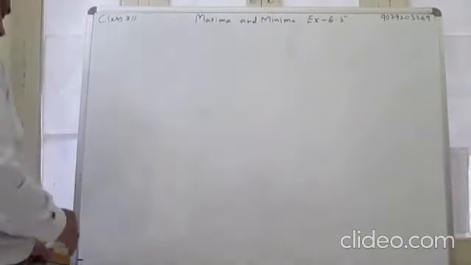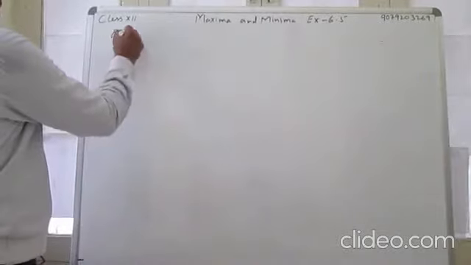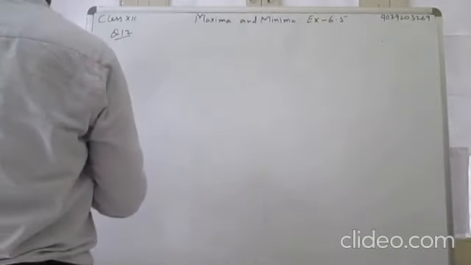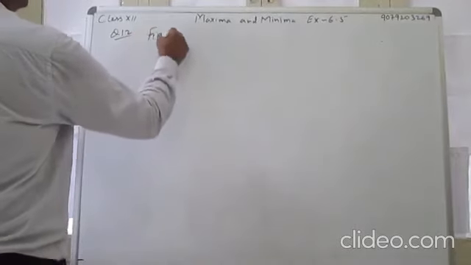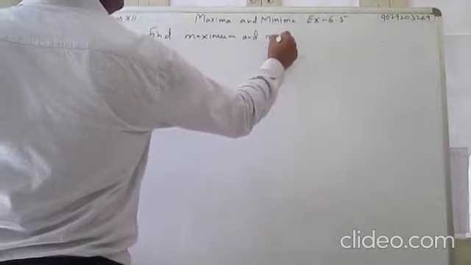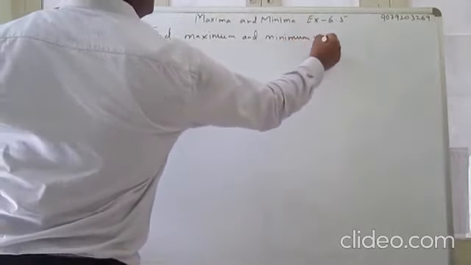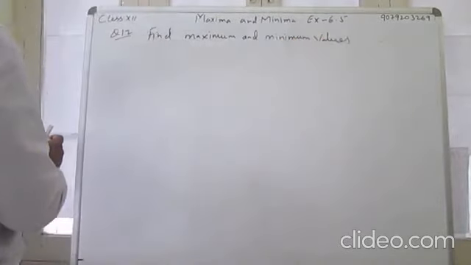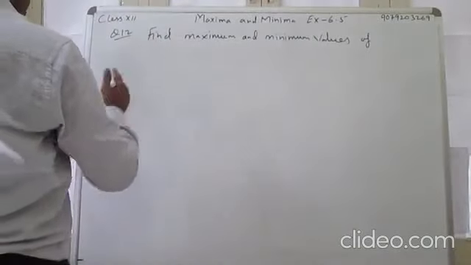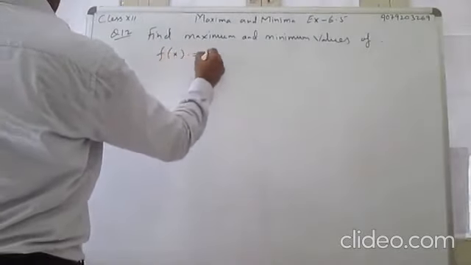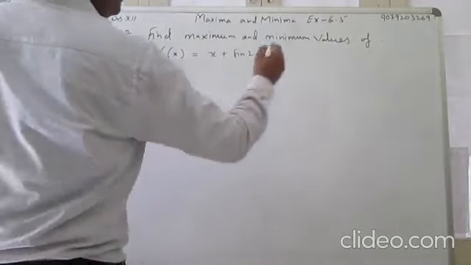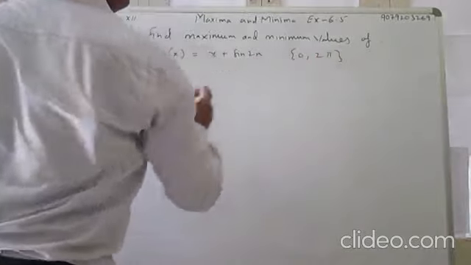Question 12. Find the maximum and minimum values of the function f(x) = x + sin 2x in the interval [0, 2π].